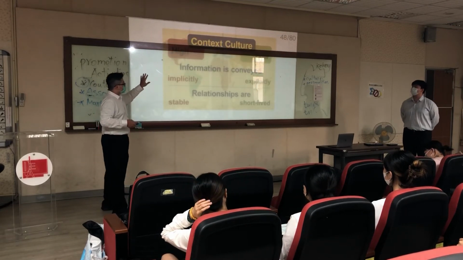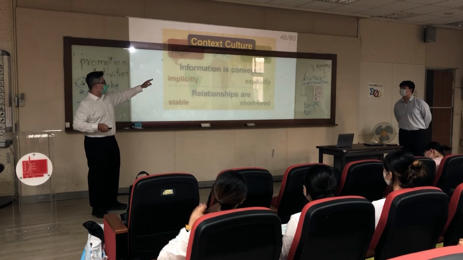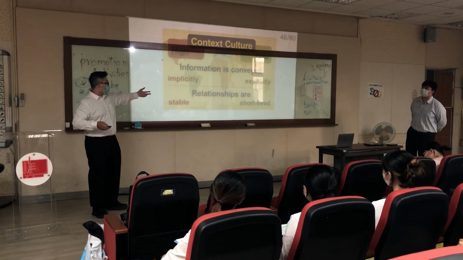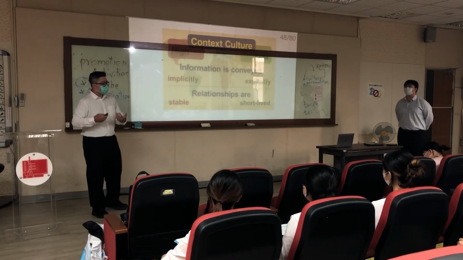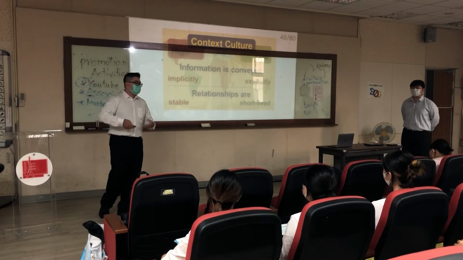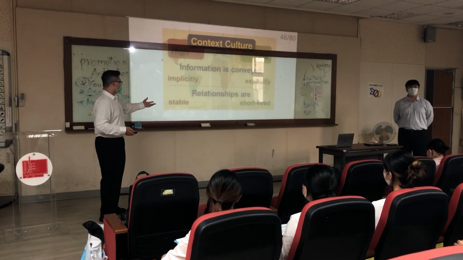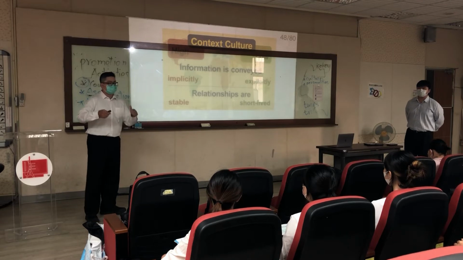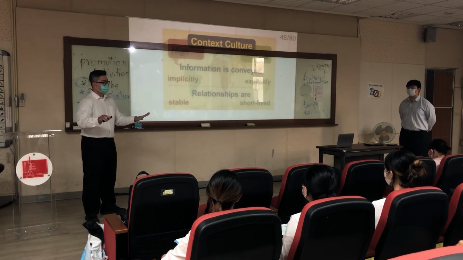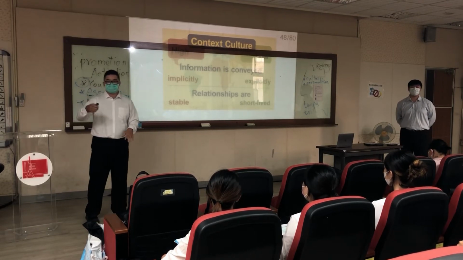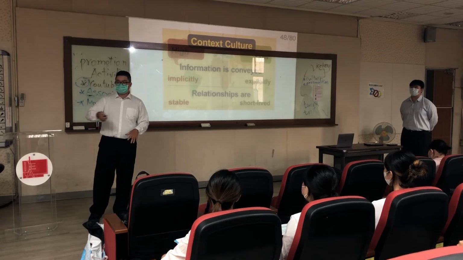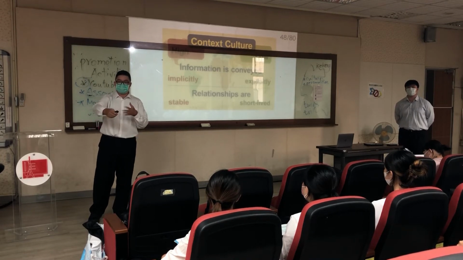So let's see this map. In the high context culture, information is conveyed implicitly, which means implication, not clearly, ambiguity, and relationships are stable because it always happens in a long-term relationship, such as working with your teammate, or working with some company for a very long period contract.